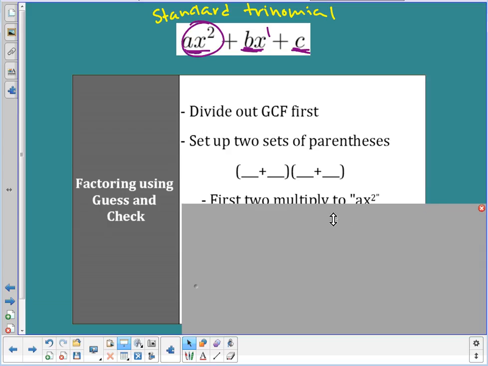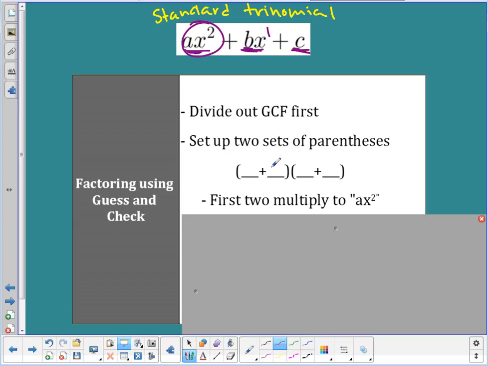Inside those parentheses, the first 2 multiply to the ax squared. And what I mean by the first 2 is the first term in this factor and the first term in that factor. When you FOIL these, if you remember the acronym FOIL that we learned back in the polynomials unit, that stood for first, outside, inside, and last.